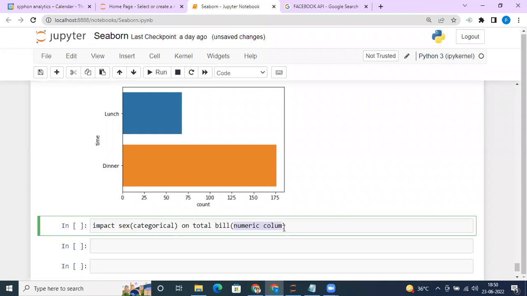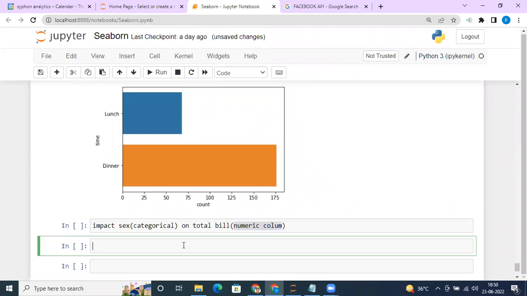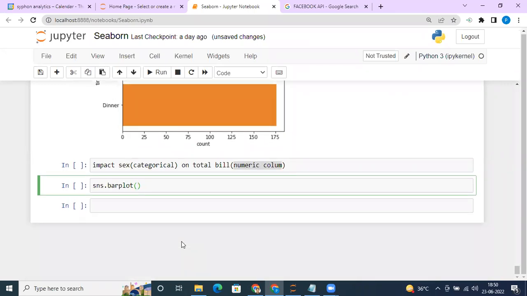For such a thing, we have a graph known as bar plot. I will mention sns.barplot this time. Here, on the x-axis, it's your choice, whatever you want.